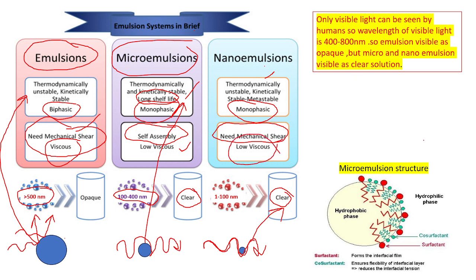This is just the microemulsion structure. Microemulsion contains a hydrophobic phase, nothing but the oil phase, along with surfactant. This red colored thing is the surfactant, along with co-surfactant. A high proportion of co-surfactant will be there.